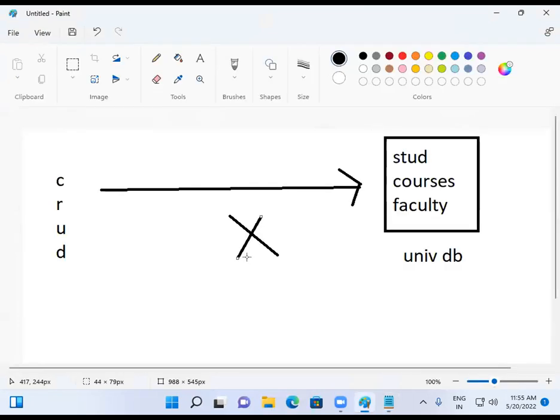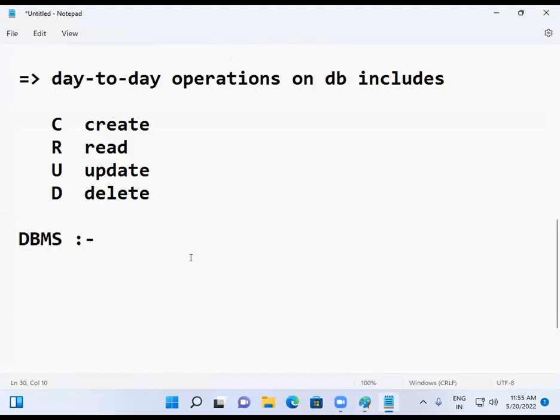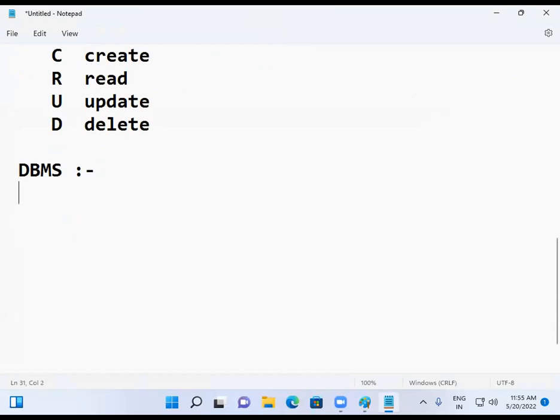Now, what is a database and what is a DBMS? A database is a storage that stores data. A DBMS is software that manages the database. So one cannot directly work with databases; one can work with databases through a DBMS.